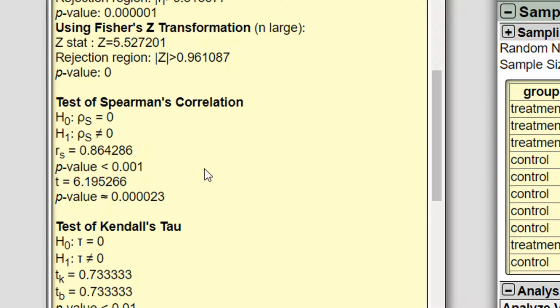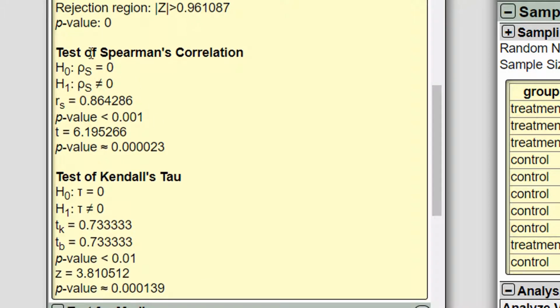You also have correlation. This will calculate a couple of non-parametric correlations. Spearman's correlation coefficient is calculated, and a hypothesis test of whether there's a significant correlation. So if, for example, our data was ordinal instead of interval, it wouldn't be appropriate to look at the Pearson correlation, but you can look at the rank correlation, and that's the Spearman correlation.